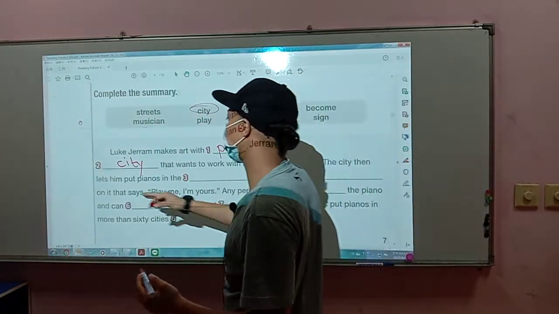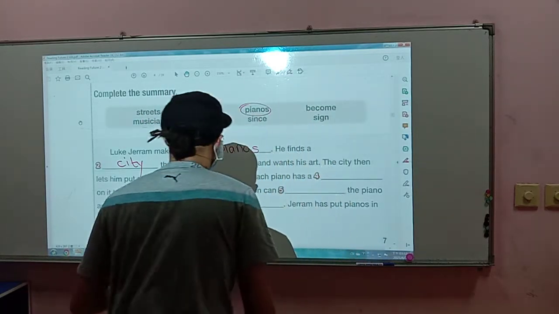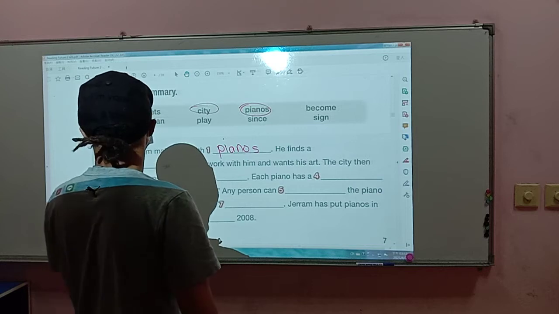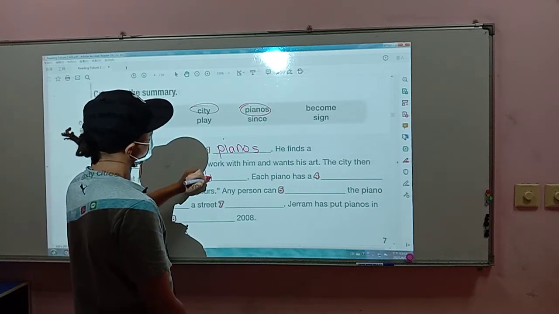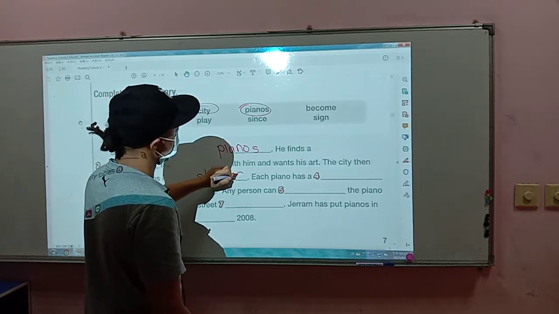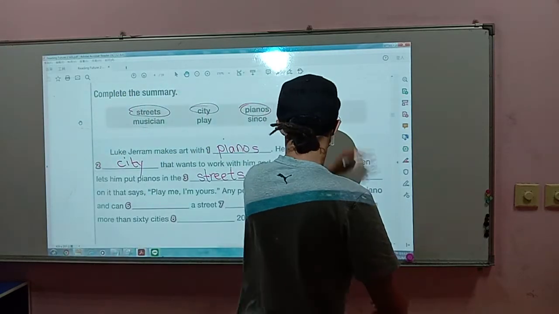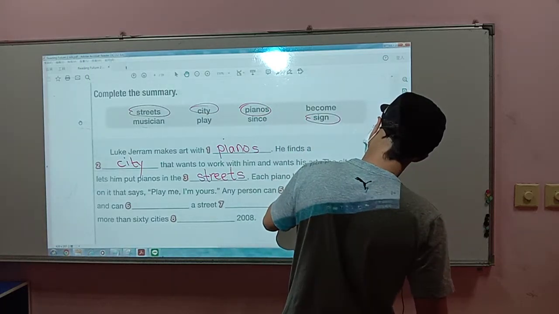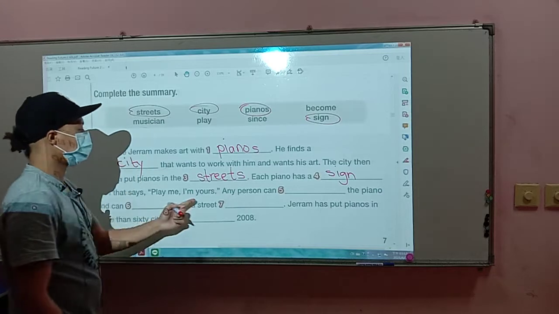The city then lets him put pianos in the streets. Each piano has a sign on it that says, play me, I'm yours.